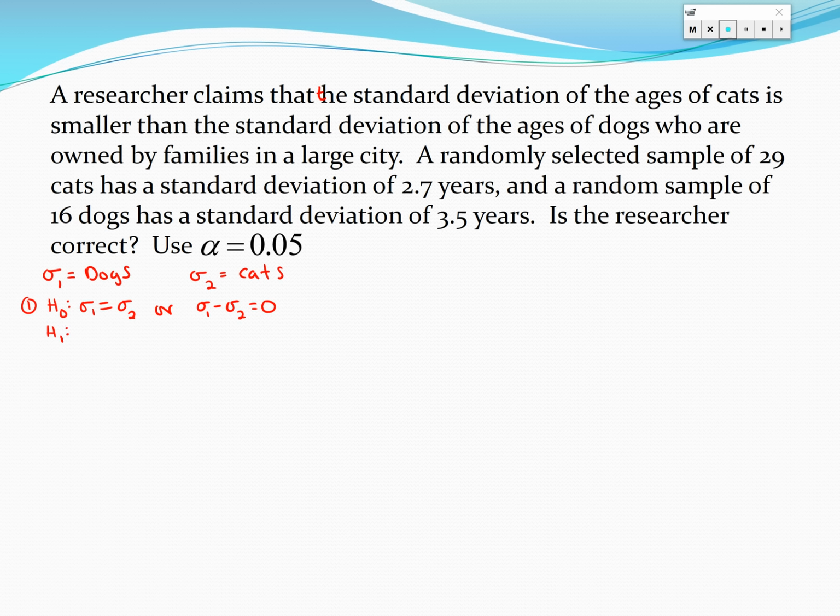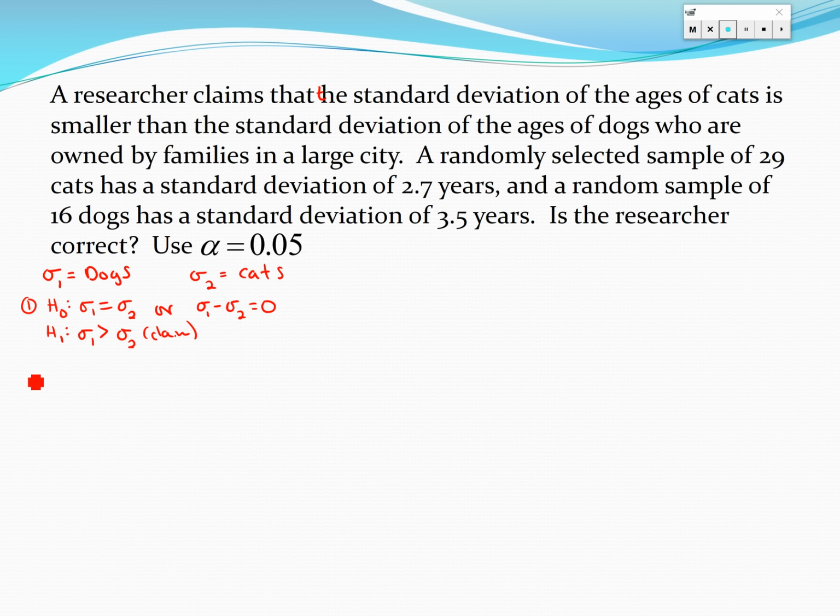Alright, then we want to show the standard deviation of the ages of cats is smaller than that of dogs. So we do have a greater than symbol. We do have a right-tailed test for our alternative hypothesis. Because remember, we made dogs our sigma sub 1. So we want to show that the dogs are larger or showing the cats are smaller, whichever. So be very careful with your labels.